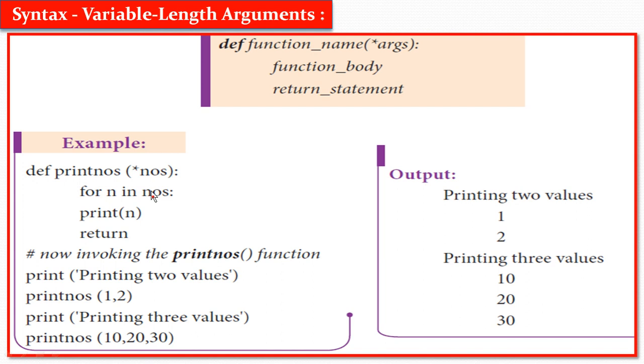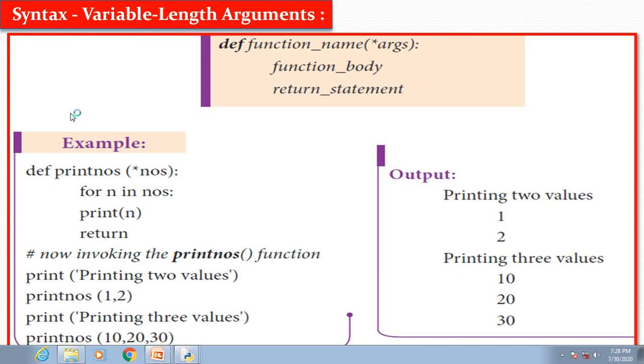The length of the argument list is varied to 3 numbers, for example printing 3 values 10, 20, 30. So this is the variable length arguments. It rectifies the error caused by mismatching parameters.